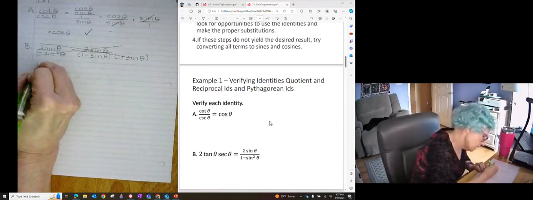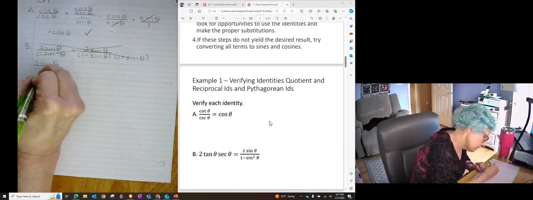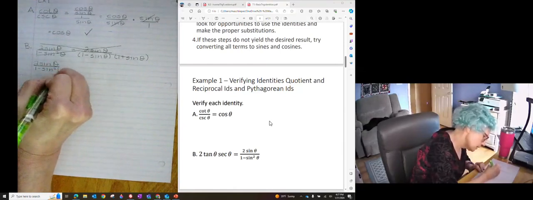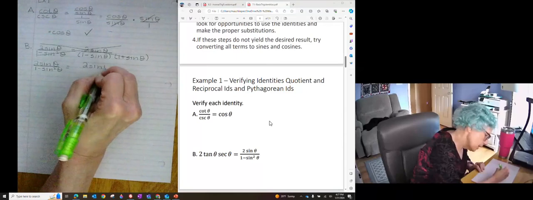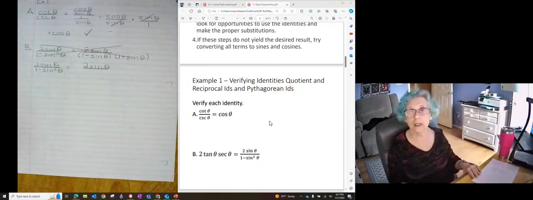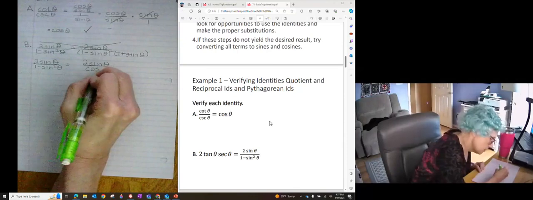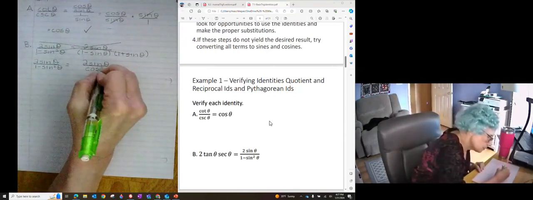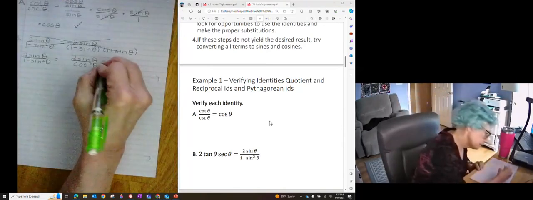So now I look at 2 sine theta over 1 minus sine squared theta. I'm going to leave the numerator alone, and I'm going to think about my Pythagorean identity. That will introduce a cosine in there, because 1 minus sine squared is equal to cosine squared.